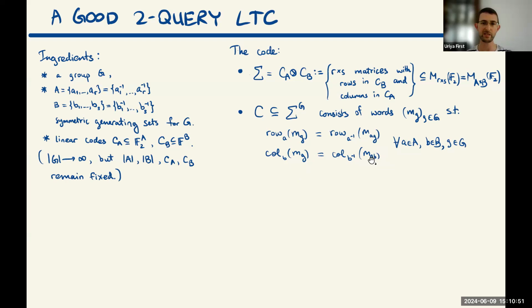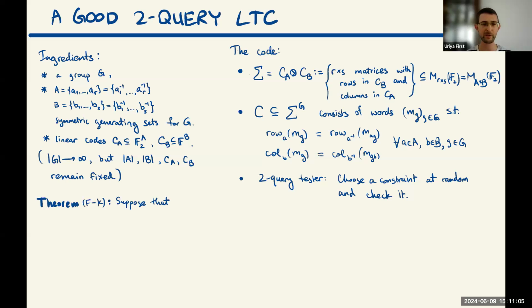Now, notice that all these constraints involve only two letters, right? And there is a natural two-query tester here. Just choose one such constraint at random, and check that it holds. And theorem: suppose that the relative distance of CA and CB is at least epsilon, that the tensor code CA tensor CB is epsilon agreement testable.